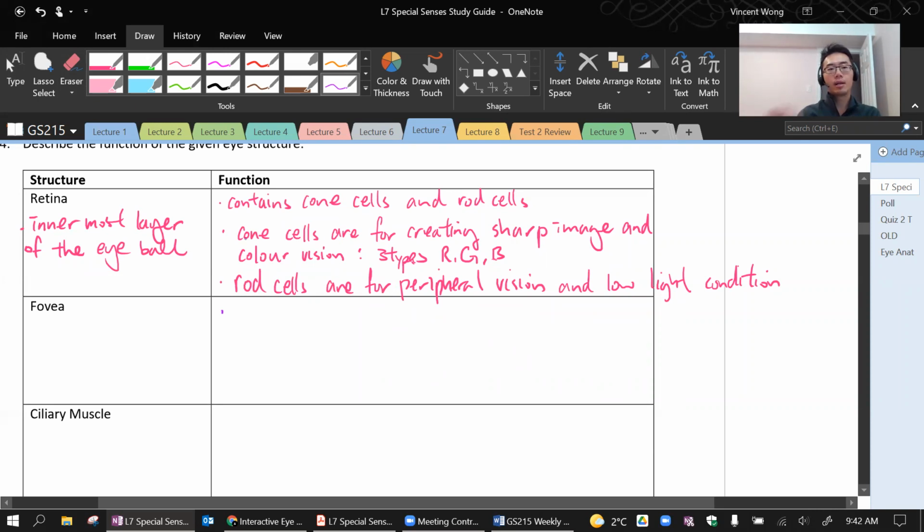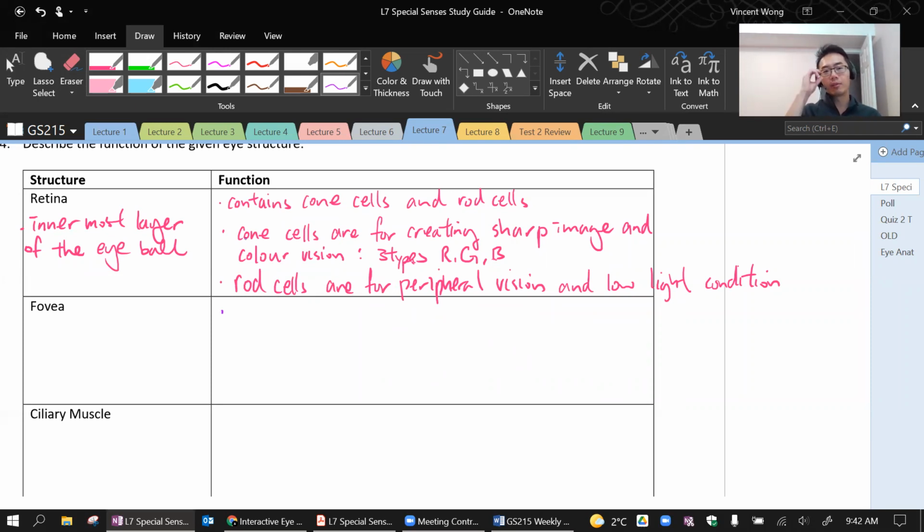Yeah, so it could be damaged in various conditions, right? The most common one that you might have heard of is retinal detachment, when part of the retina tears off. Then there might be a spot in your field of view that is not producing vision. Like if I'm looking at my workbook, there might be a piece of it that I have no vision of.